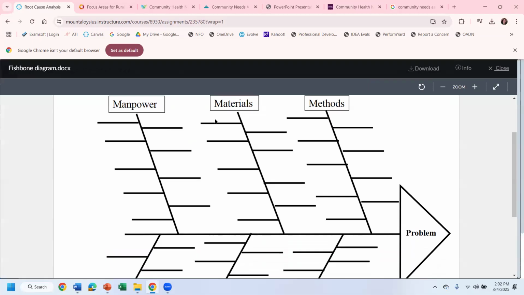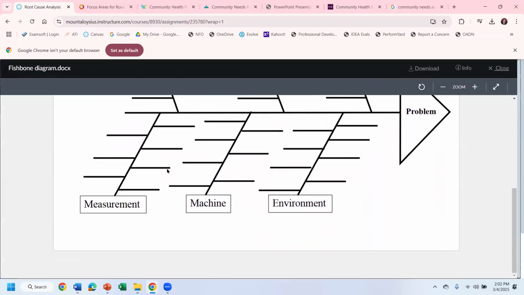For materials, did they have enough supplies? Was there a problem? Did they follow the method, the steps of how to do the process? Was it a measurement error? Was there faulty equipment or equipment that wasn't calibrated? Or maybe they didn't measure when they should have. Is it a machine?